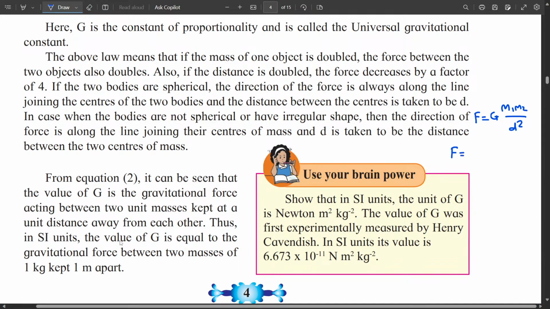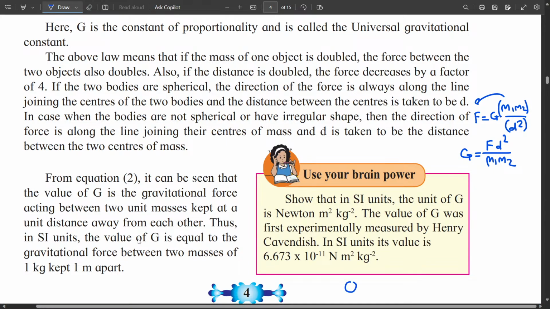If we readjust the terms and transpose the d square, we get G is equal to F d square upon m1 m2.